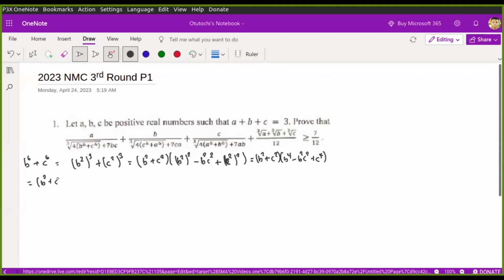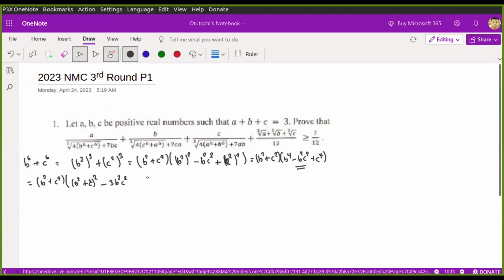Then we are going to bring out b squared plus c squared all squared here. So b squared plus c squared all squared is b raised to the power of 4 plus c raised to the power of 4 plus 2b squared c squared. And we have minus b squared c squared here, so we'll have to subtract 3b squared c squared to make them equal.